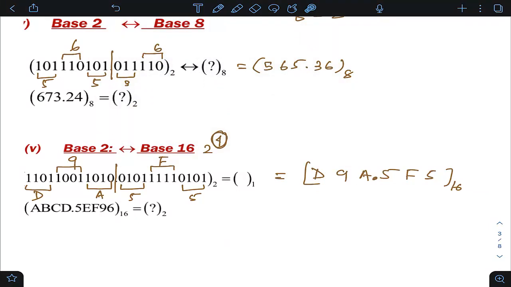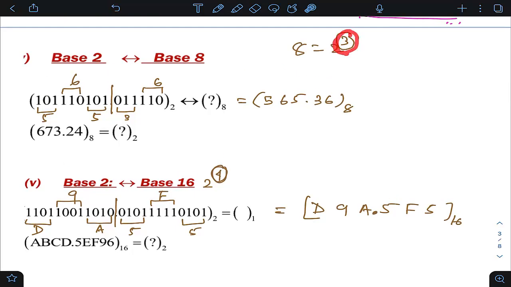From where does this 3 come? Again the same story, this number was 3. In the hexadecimal case, we will be replacing by a 4-digit equivalent because this number is 4. So here each octal digit I will be replacing by its corresponding 3-digit binary equivalent.